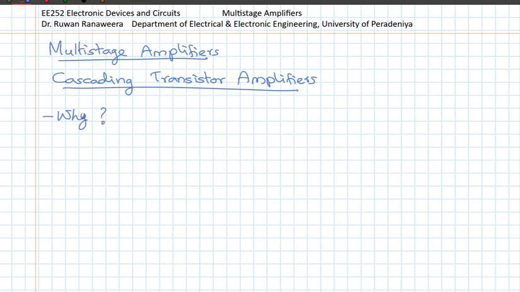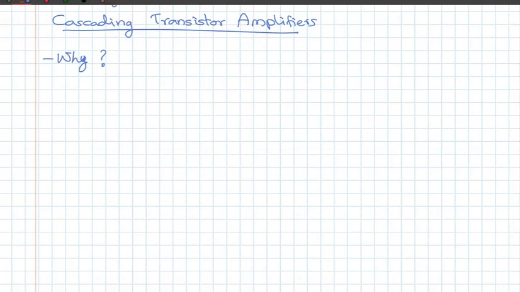Now you see, when we used single stage amplifiers, for example, during the previous example we worked out, there were certain parameters that we calculated: input impedance, output impedance, voltage gain and current gain. Sometimes the parameters may not be ideal for our application.